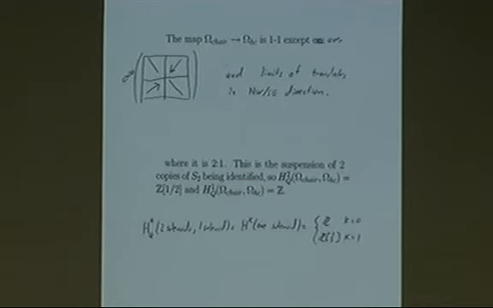And if you translate a finite distance in the northeast or southwest direction, that's also okay. So what this winds up being is a suspension of a map that takes 2 solenoids and identifies them.